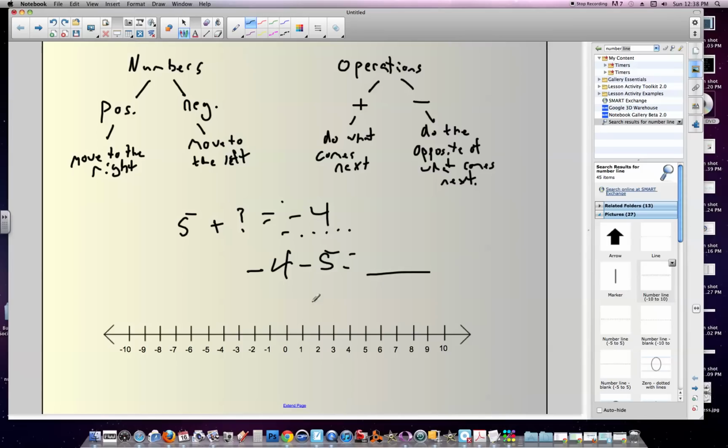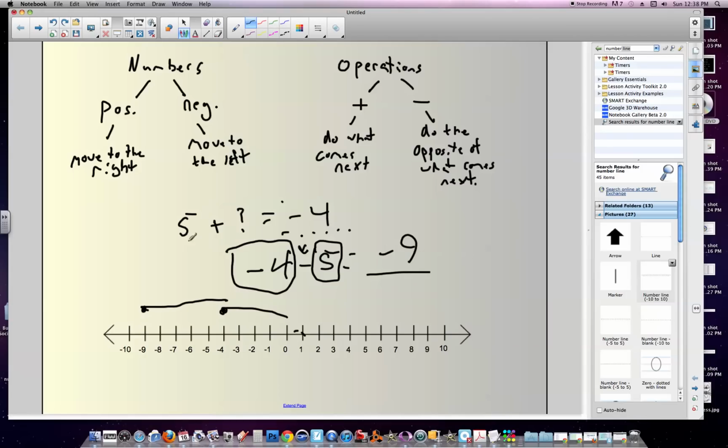Well, what is negative 4 minus 5? Negative 4, we can just go back to what we were doing earlier. Negative 4 means go to the left 4. My operation is do the opposite of subtraction. And my other number is a positive 5. So I'm saying do the opposite of going to the right 5. So I need to go to the left 5. And that means that my answer is negative 9.